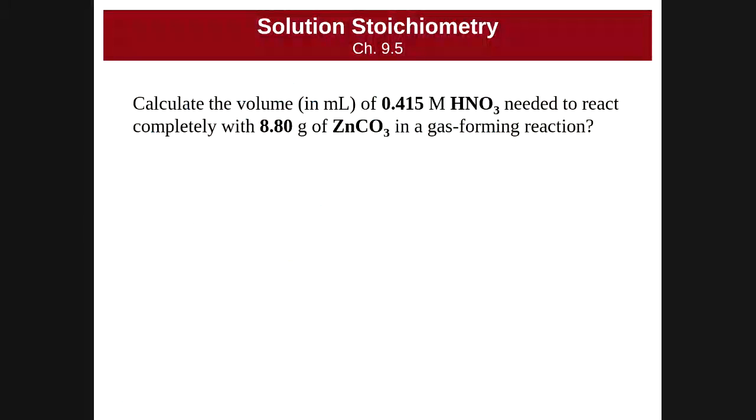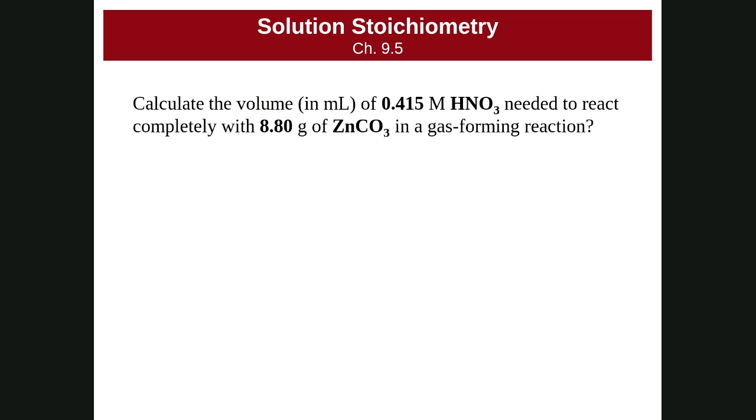Okay, so here's an example. We want to calculate the volume in milliliters of 0.415 molar nitric acid needed to react completely with zinc carbonate in a gas-forming reaction. You haven't learned about gas-forming reactions yet, so I'll just tell you what this reaction will be.